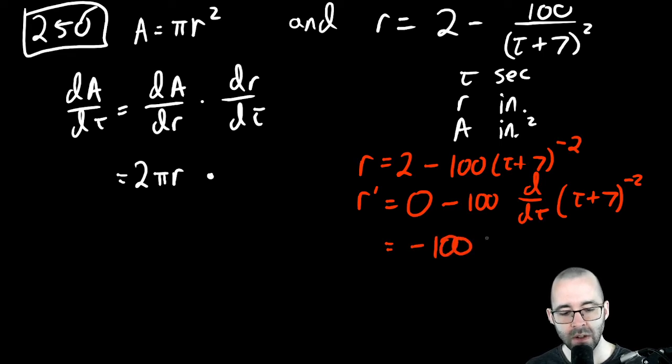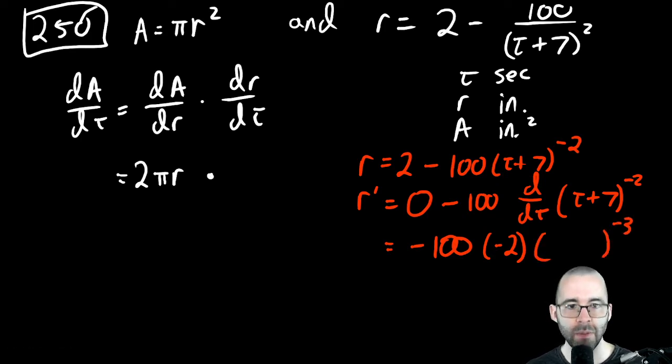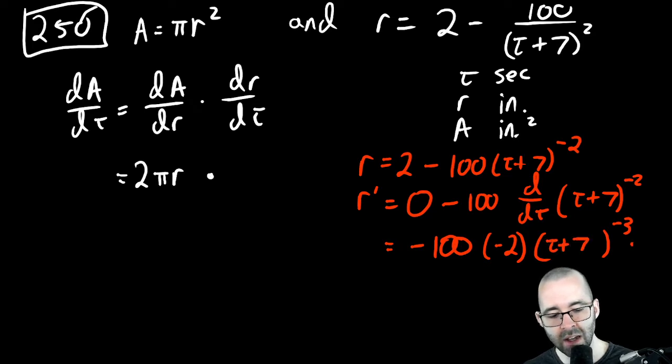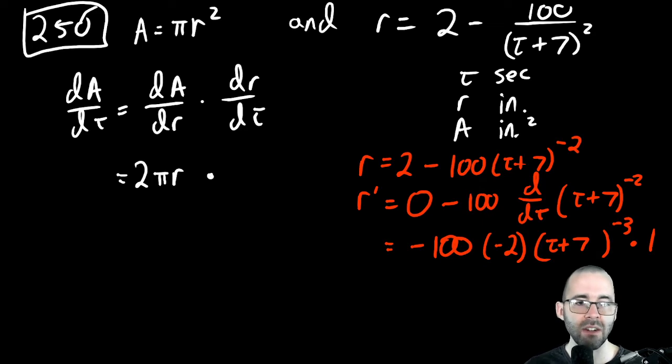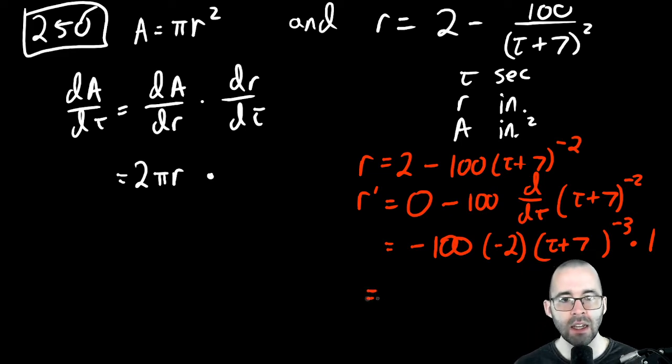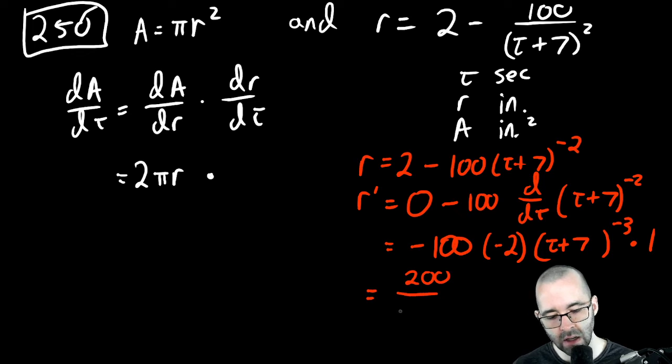We'll use the power rule: derivative of the outside function, bring down the power, subtract the power, leave the inside function the same and multiply by the derivative of t plus 7. The derivative of t plus 7 is just 1 because t plus 7 is a line. If we simplify that all out, we're going to get positive 200 over t plus 7 cubed.